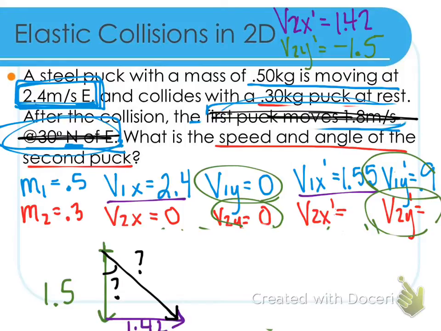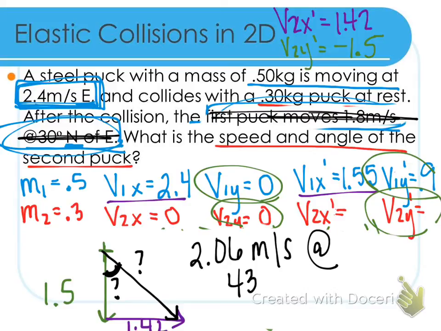Okay, what did we get there? 2.0. So 2.06 meters per second at. We got to find that angle also. Good. 43.4 degrees blank of blank. One more time. Which one is it touching?